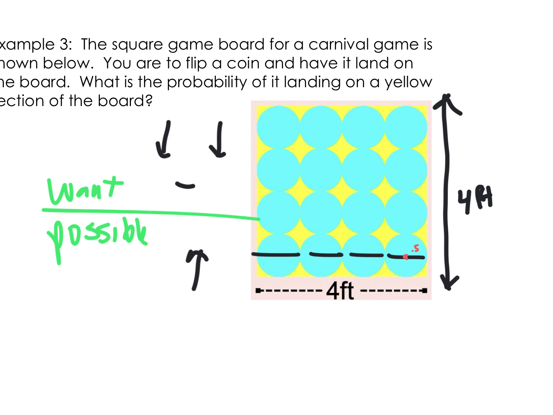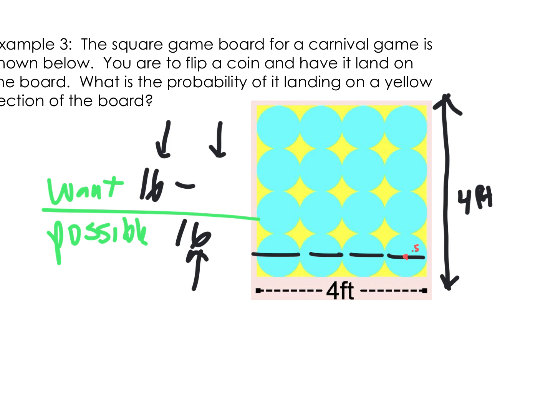Okay, would you agree that what was possible was you could have landed anywhere? And that's 4 times 4 is 16. Raise your hand if you had 16. Good. On the top, what you want is the yellow area, which is how big? Well, it's really small. It's the 16 minus all those circles. Not just one circle, all those circles.